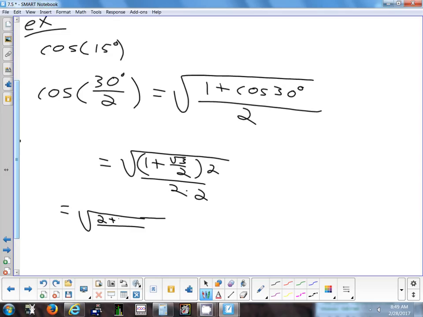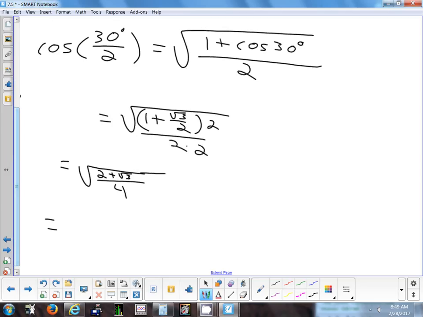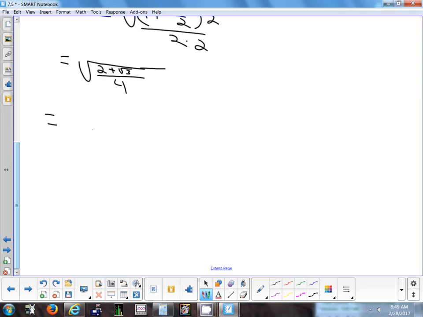Yep, just 2 plus the square root of 3, and then in the bottom? 4. Now, the bottom part I could simplify, because when you take the square root of a fraction, you take the square root of the top and the bottom separately. So I have 2 in the bottom, and in the top I still have that.